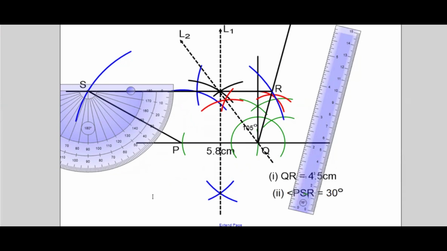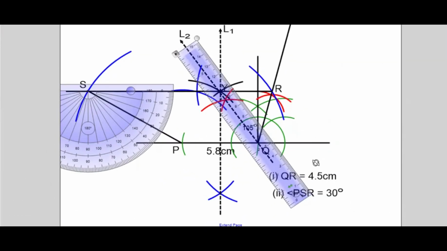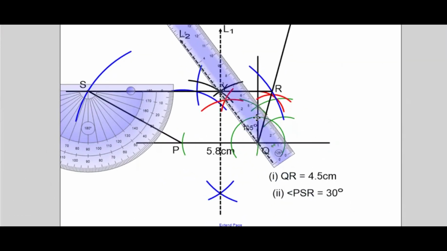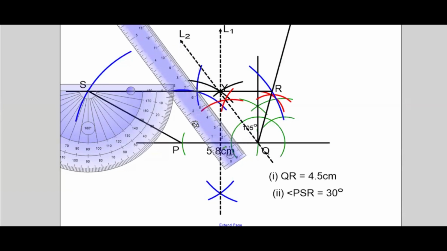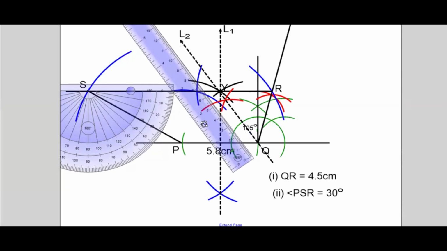And lastly, QY. Since we are given that Y is located at the intersection of the two loci L1 and L2, this is where they intersect at these points. We have to measure QY. We place a ruler from point Q here, let it align well, to where Y is.